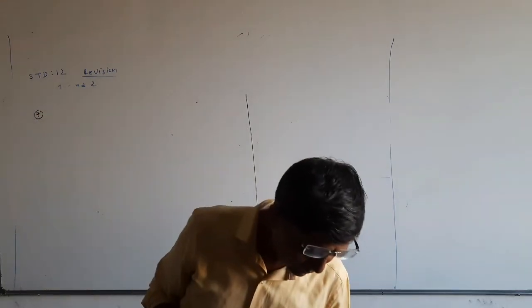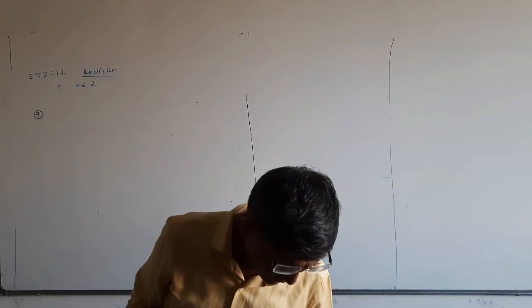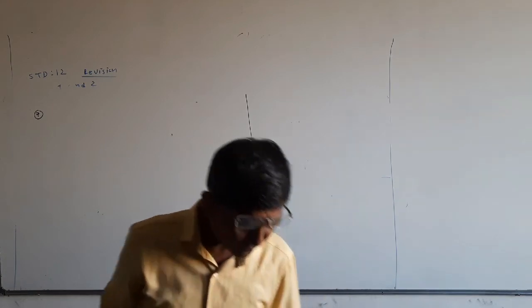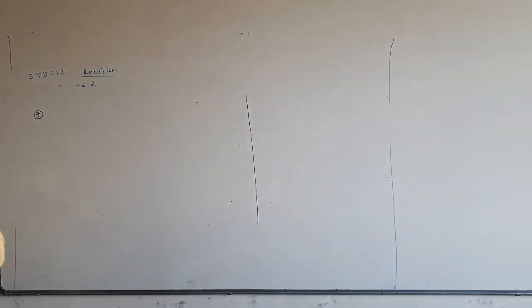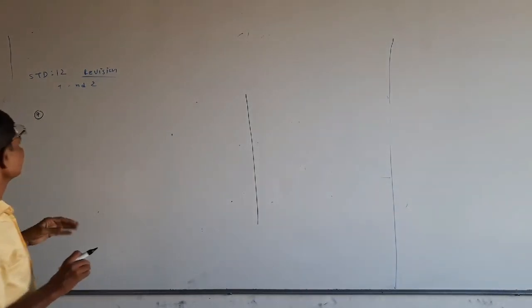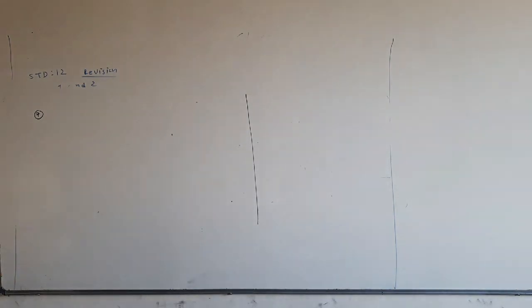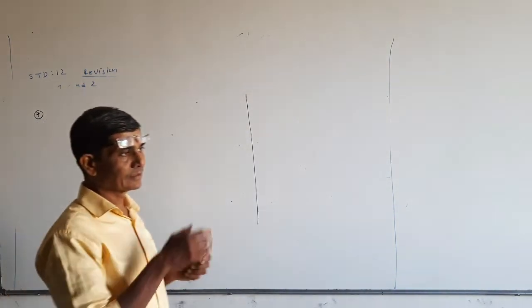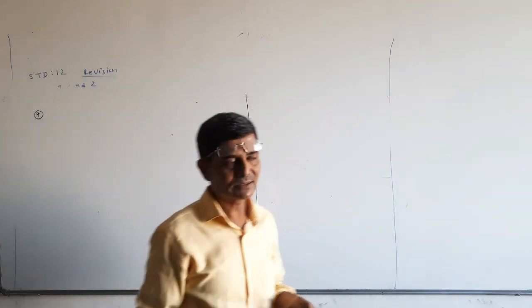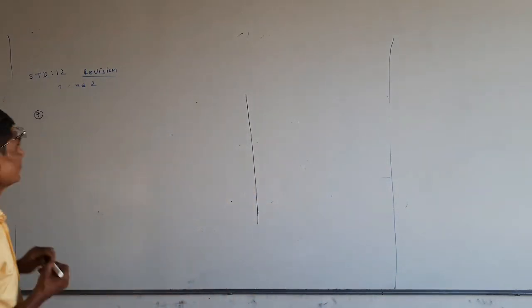Now see how the energy distribution takes place. In series connection of capacitors, voltage is divided and charge remains the same.